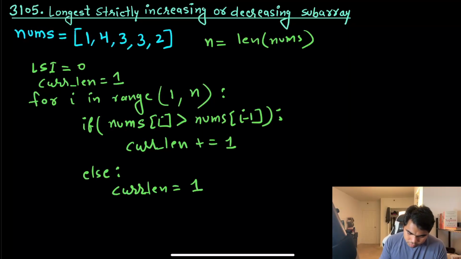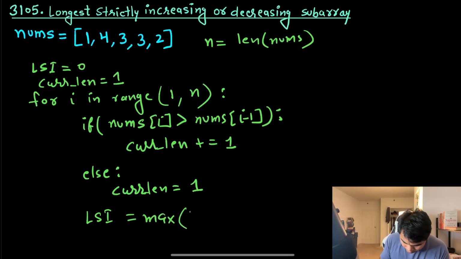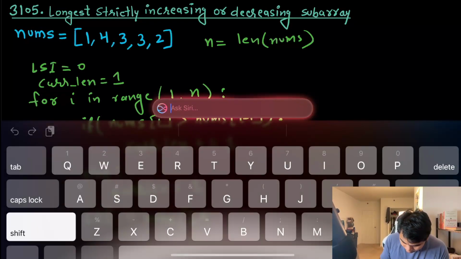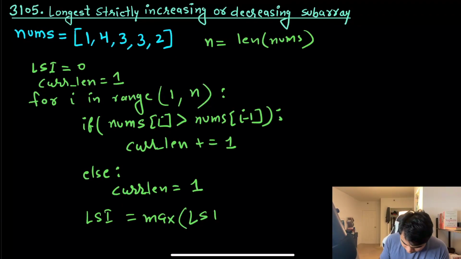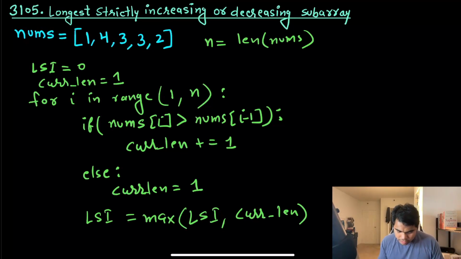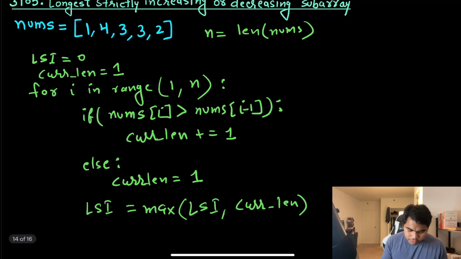Yes, there is a need. LSI is going to be the maximum of LSI or current length, right? So that's what I will do, and then finally I can return this LSI.